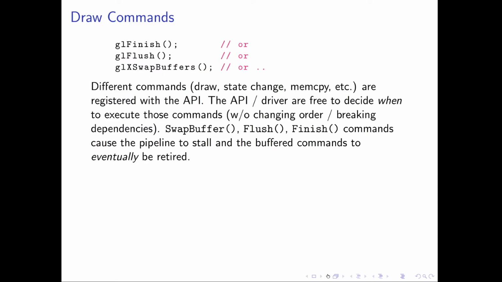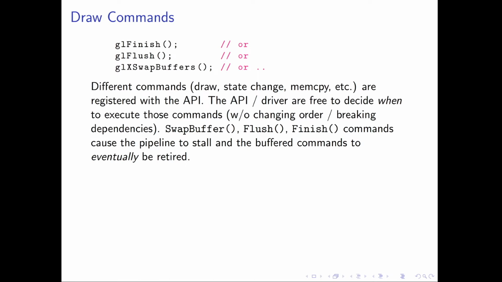We have this immediate style API where we have draw calls like GL draw buffers, or with even older versions of the API we just call GL begin, GL end, and GL vertex in between in order to draw graphics primitives.